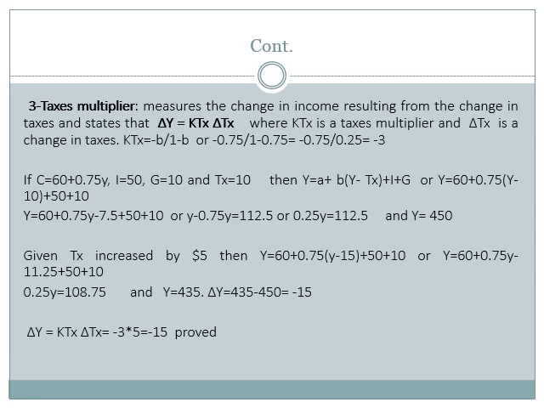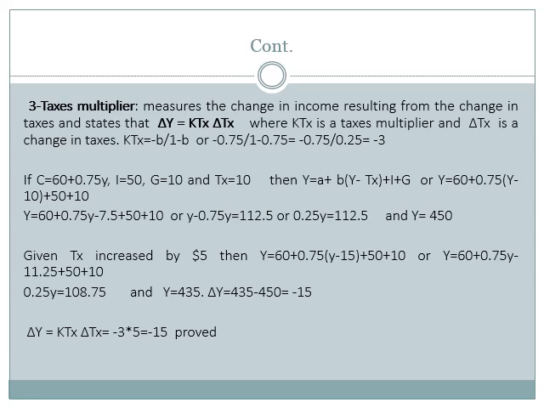Given taxes increased by $5 from 10 to 15, this case should lead to more decrease in income. Now y equals 60 plus 0.75 brackets y negative 15 instead of negative 10 the past, plus 50 plus 10.